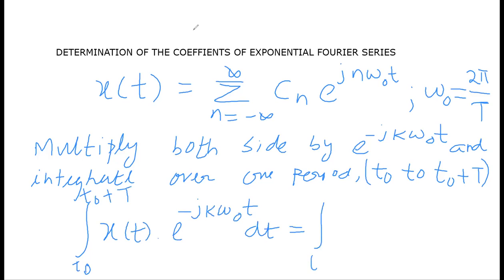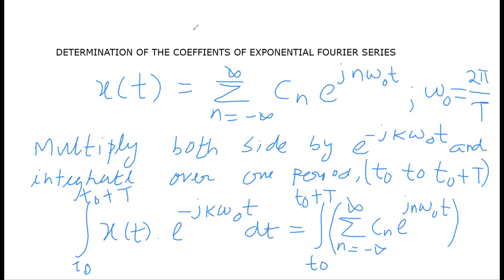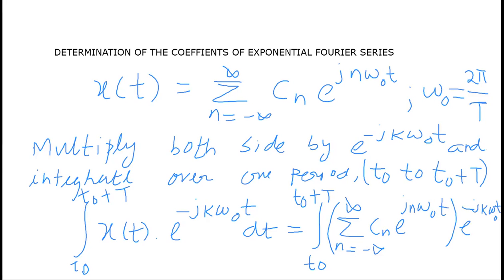the integration from t0 to t0 plus T. Then the right side we write in brackets: summation n equal to minus infinity to plus infinity of Cn e to the power j n omega 0 t, and that is multiplied by e to the power minus j k omega 0 t dt.